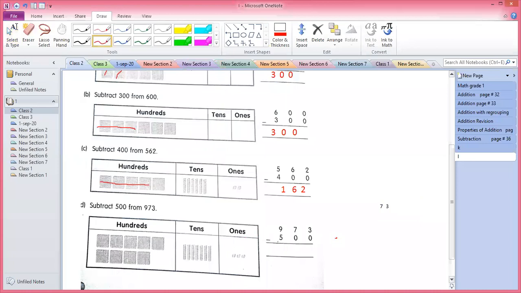There are 900s and I need to minus 5, so I will cut 5. 1, 2, 3, 4, 5. So these are 5, I will cut 5. Now, how many are left? Count. 1, 2, 3, 4. The answer is 4. So the total answer is 473.